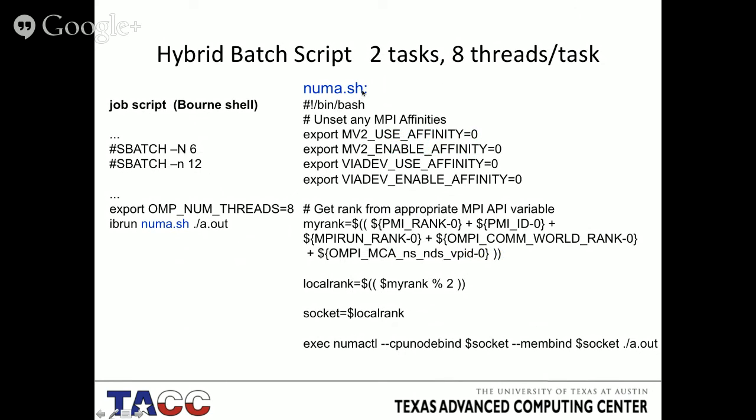Okay, so basically our command is a bash shell script, and we're turning off all the MPI possibility of setting affinity for me. Don't do that. And then you get your rank here, okay? And this is a very long, complicated way of getting the rank, and I'm not going to explain it.